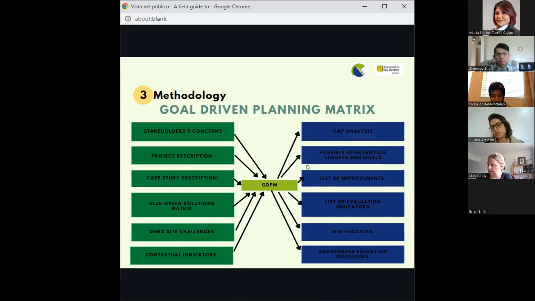And this matrix provides a gap analysis of each of the case studies, a list of possible interventions according to the targets and goals of the project, a list of improvements, a list of evaluation indicators of ecosystem services, and also identifies the site facilities.